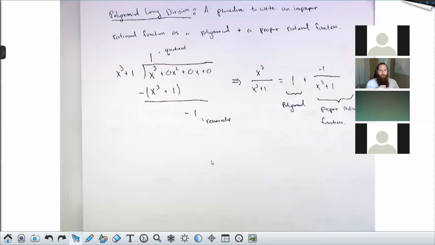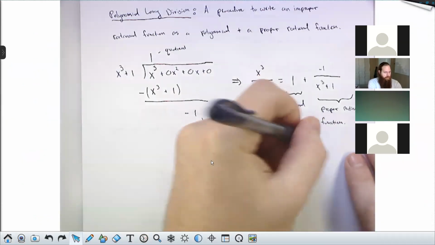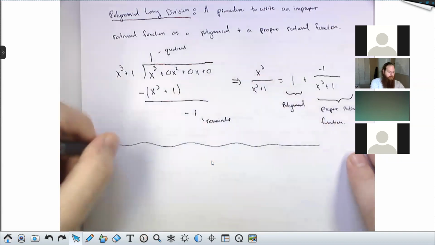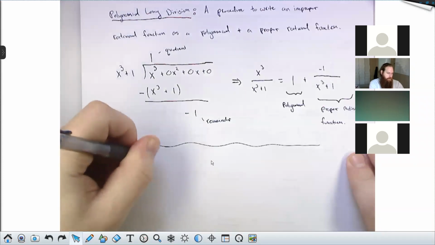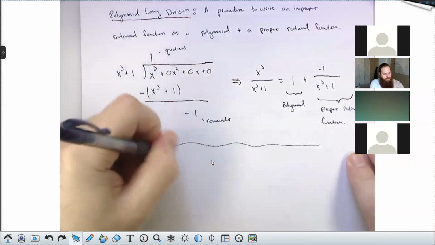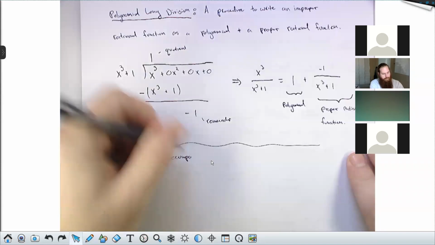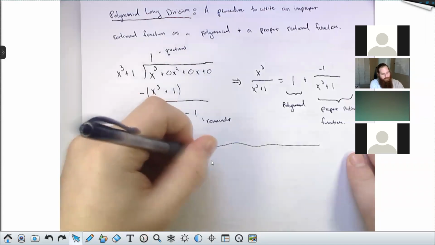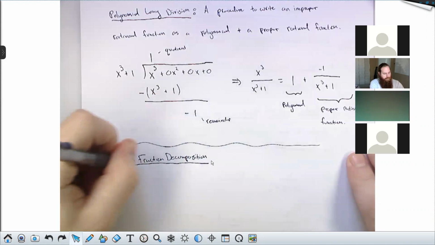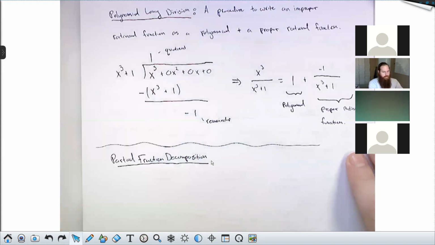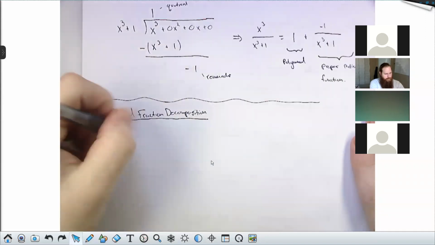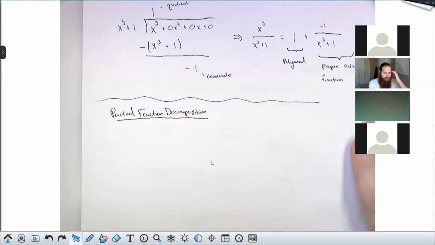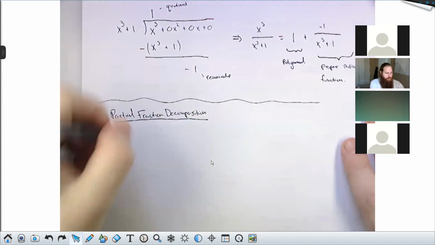Okay. All right. So let's get into the meat of partial fractions. The basic idea is this. I want to write a complicated rational function as a sum of simpler rational functions.